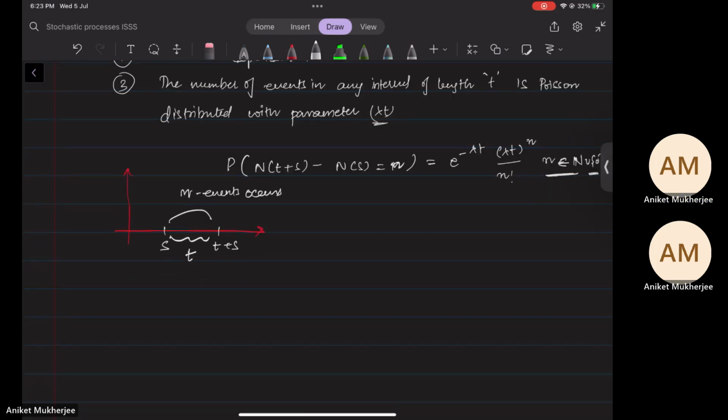So from this, the third property also gives us an extra property, but you don't need to define it separately, because the third together with the first and the second give that they have stationary increments.